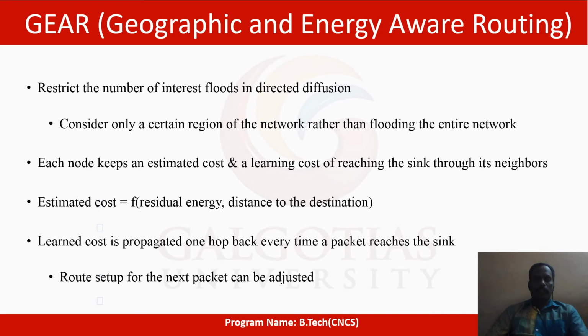Next, geographic and energy aware routing. It restricts the number of interests flooded in directed diffusion. Each node keeps an estimated cost and a learned cost of reaching the sink through its neighbors. The estimated cost is equal to the residual energy and the distance to the destination.